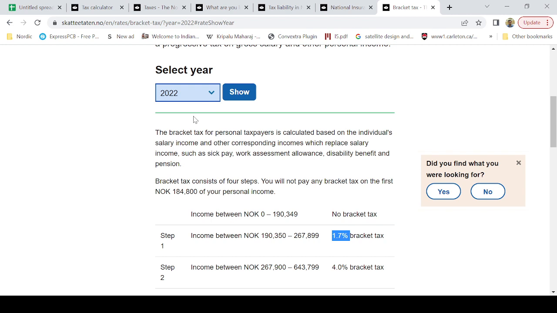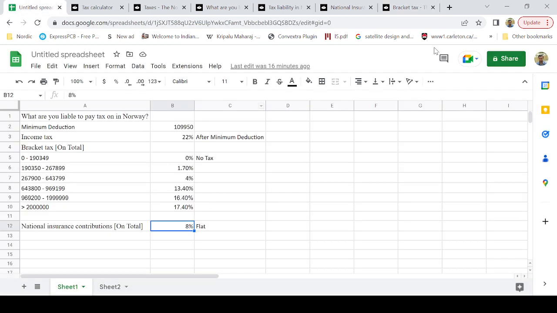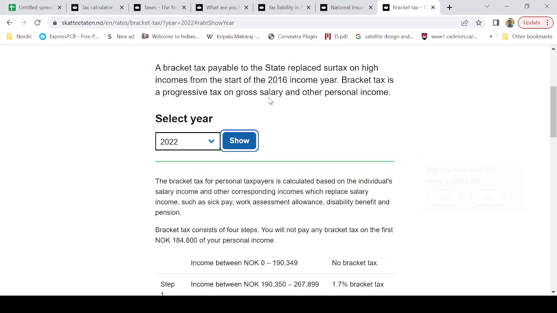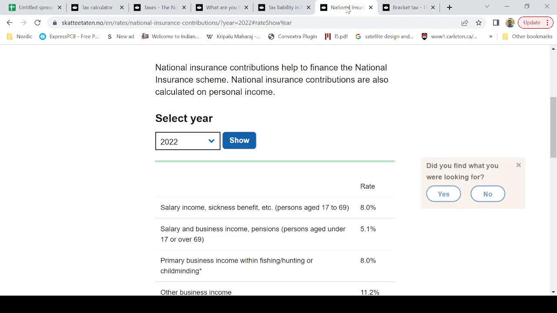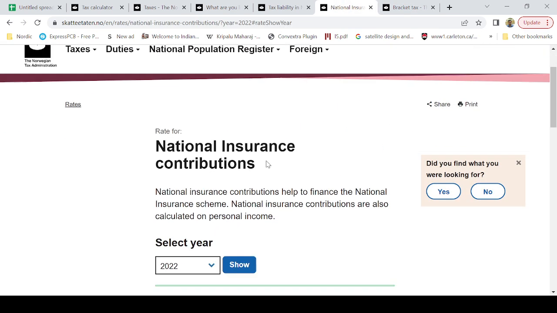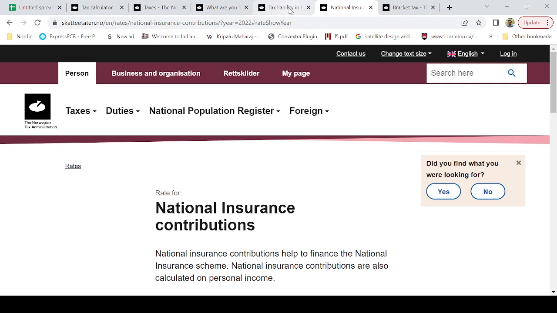But if you select 2023, it may change. Now you see it has changed. So you have to be careful while putting the data in the XLS based on the year you are calculating. For bracket tax you can use this page, and for national insurance you can use this page to get the year-wise deductions, and the general deduction is 22%.